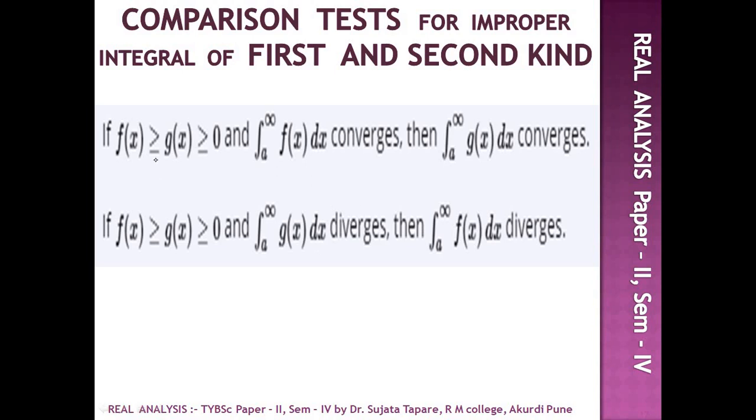If f of x is greater than or equal to g of x and the integral from a to infinity of f of x dx is convergent, then the integral of g of x dx is also convergent. In the same way, if f of x is greater than or equal to g of x and the integral of g of x dx diverges, then the integral of f of x dx also diverges.